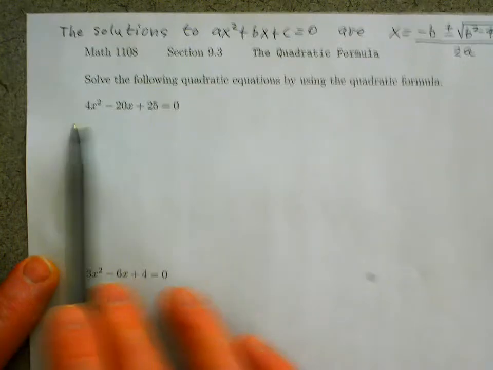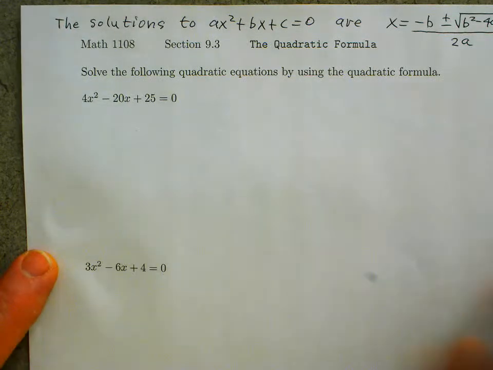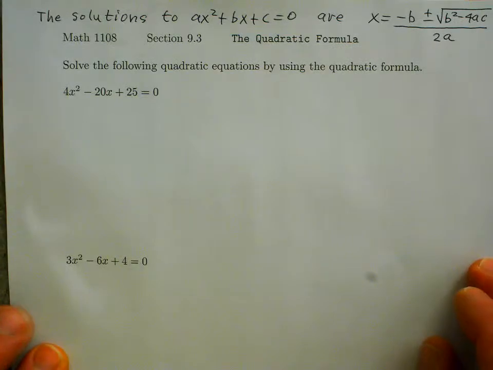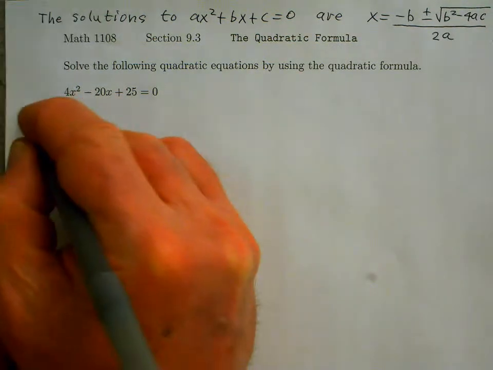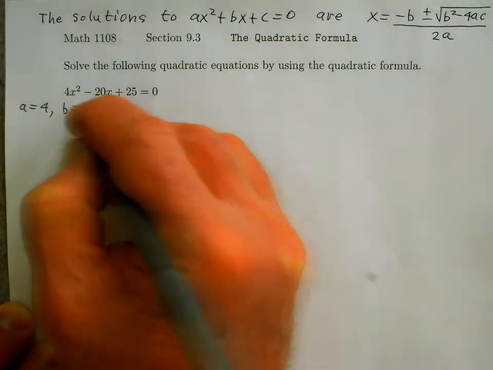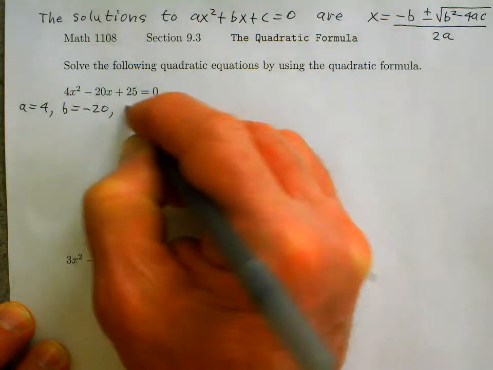Okay, we'll use the quadratic formula to solve this equation. So on this one, a is 4, b is -20, c is 25.